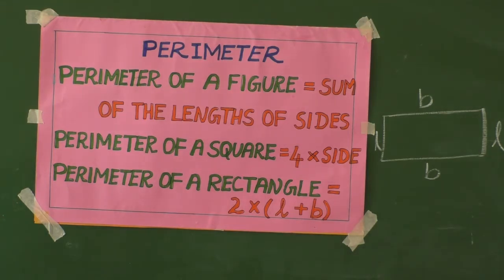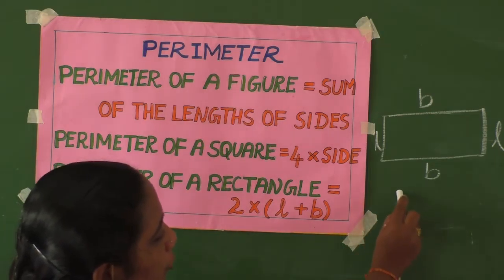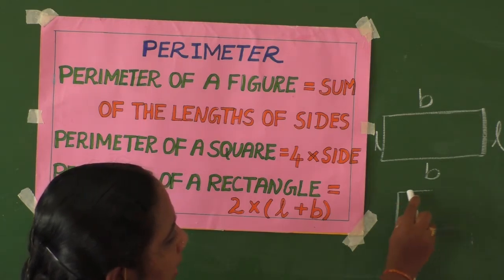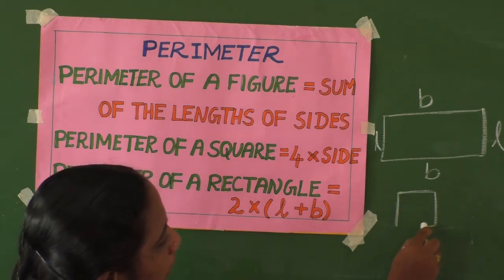Once again I repeat it. Perimeter of a figure means the sum of the lengths of its sides. Sum means addition. You have to add all sides. Then what is the formula? Perimeter of a square means 4 into side, because in a square you have 4 sides, all sides equal.